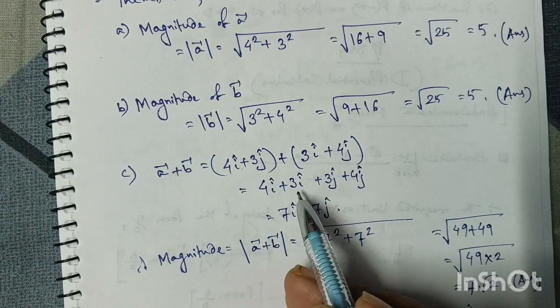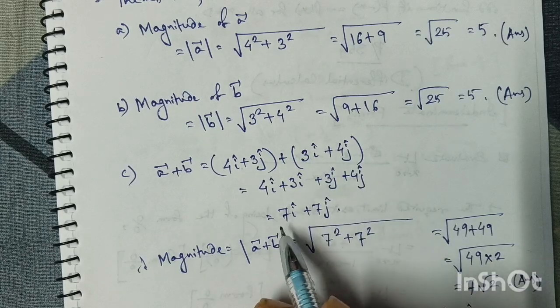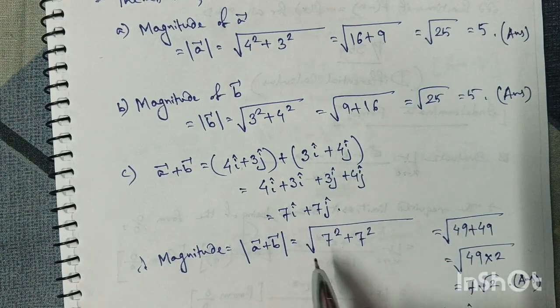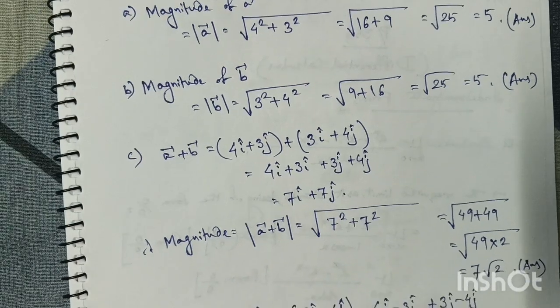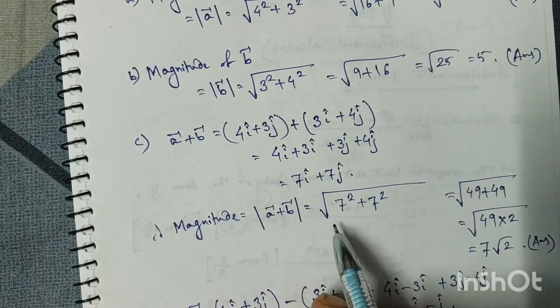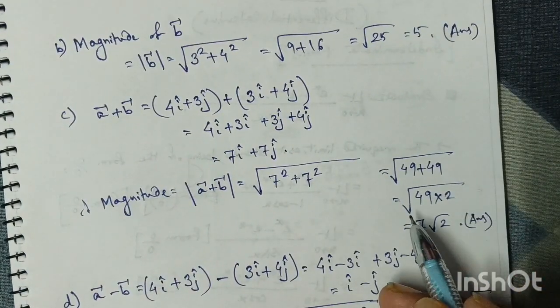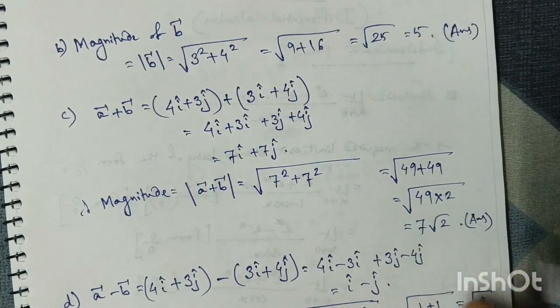So 4i plus 3i plus similarly 3j plus 4j is equal to 7i plus 7j. Therefore magnitude as before is equal to root over 7 square plus 7 square is equal to root over 49 plus 49 is equal to root over 49 into 2 is equal to 7 root 2.